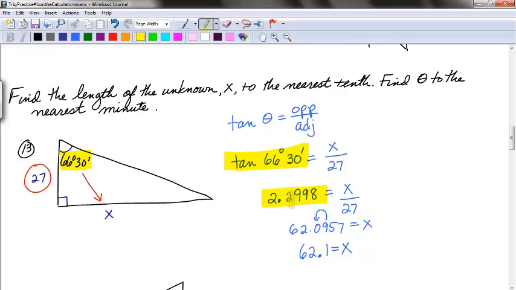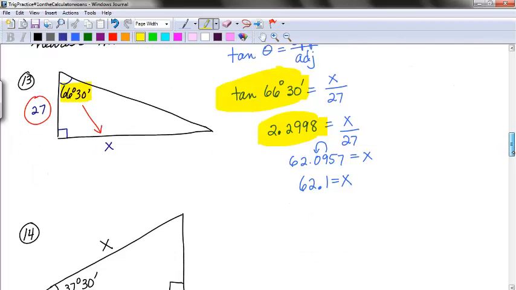But when you're doing the homework and in the test, you don't want to just type that in. It's just the difference between you have to do this part and then multiply by 27. You can't just type that in because the calculator rounds it. Everybody okay with that one now?